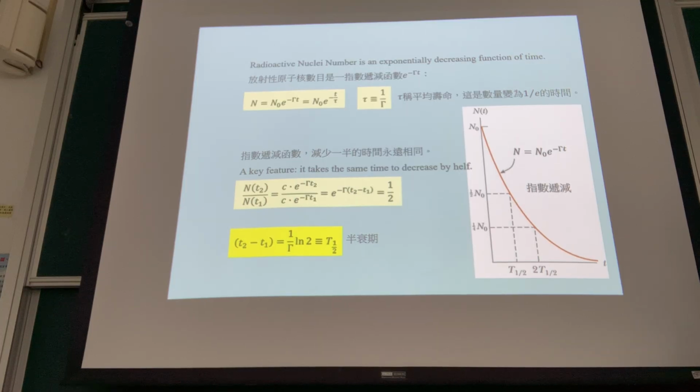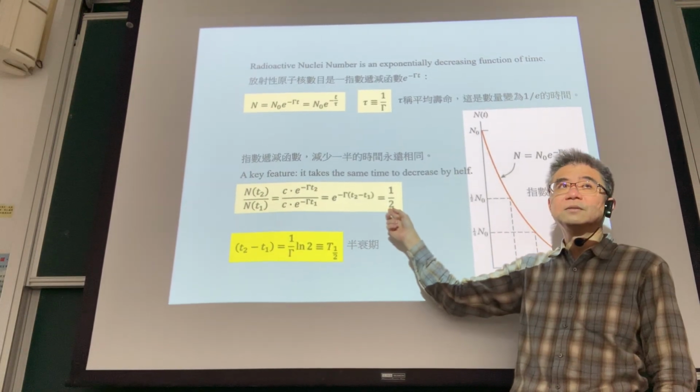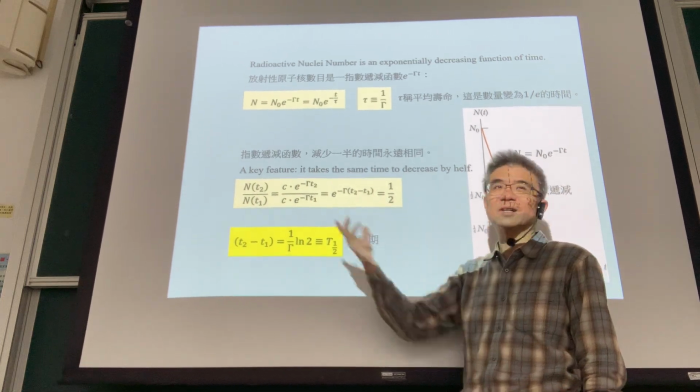It's not difficult to derive because if you make a ratio between N(t2) over N(t1), that is the ratio of the number between two different times, and you plug in the solution, you get exponential minus gamma t2 over exponential minus gamma t1. The constants cancel out, and then it is easy to argue. This is equal to exponential minus gamma (t2 minus t1). That means if the ratio between this and this is 1/2, then gamma (t2 minus t1) is a constant.